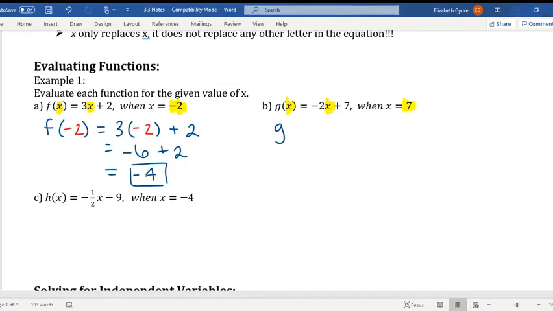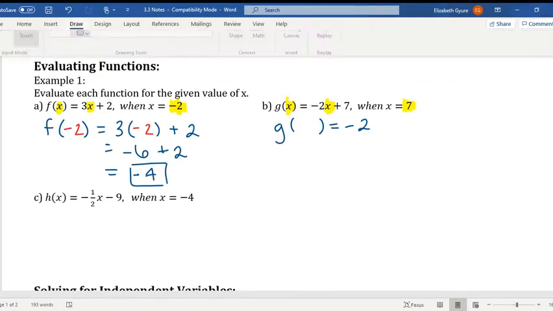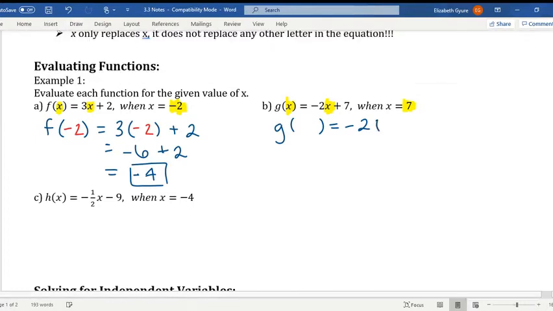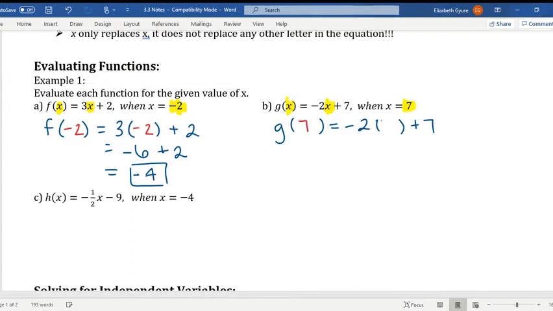So g, then there's an x, so put open parentheses, equals -2. And then next to the -2, there's an x, so put open parentheses, plus 7. So here, everywhere you see your parentheses, you're going to put 7.